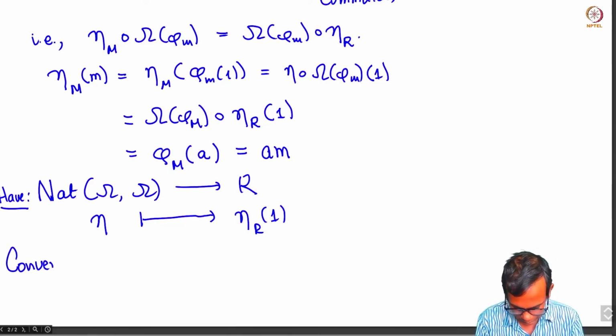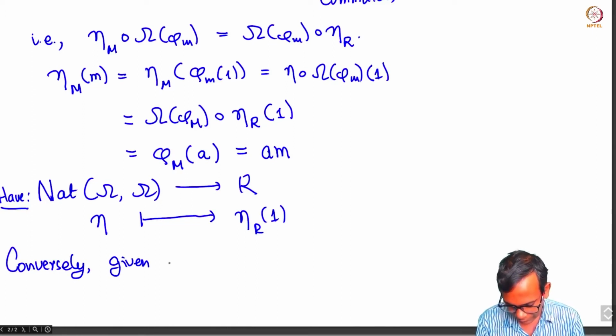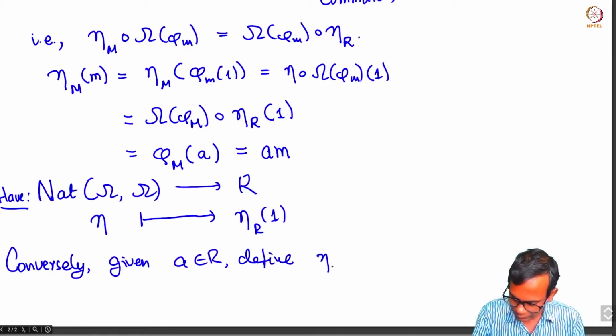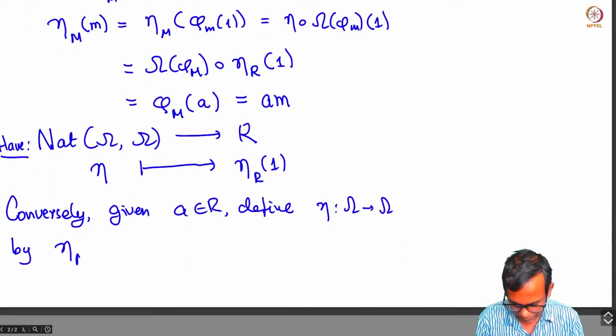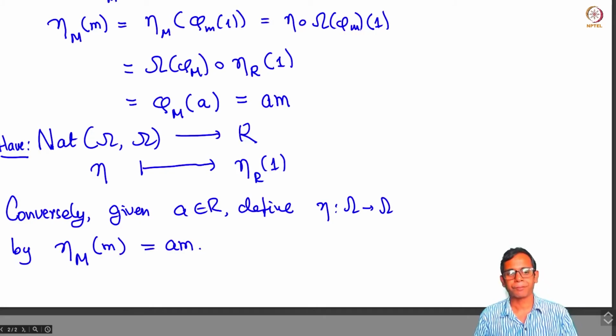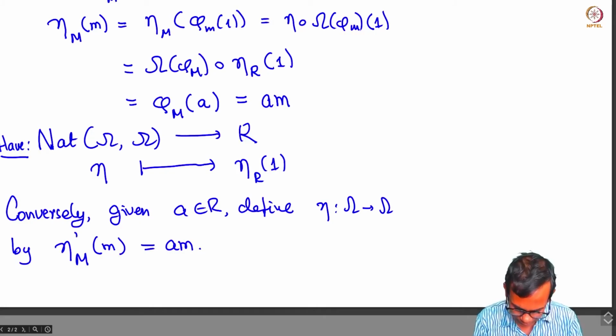So conversely, given a in R, define eta from omega to omega by setting eta M of m equal to am. We'll call this eta superscript a.